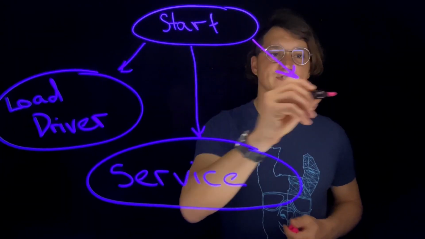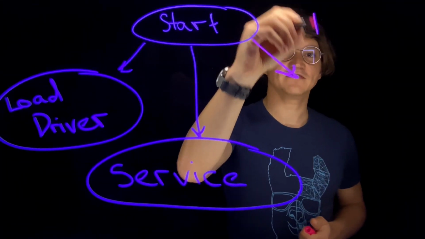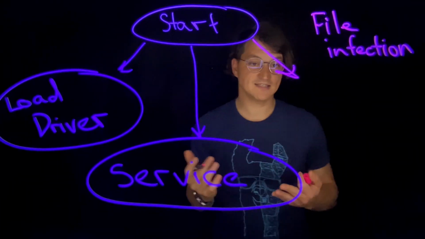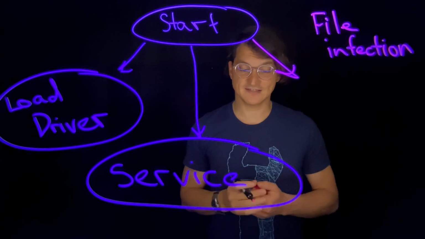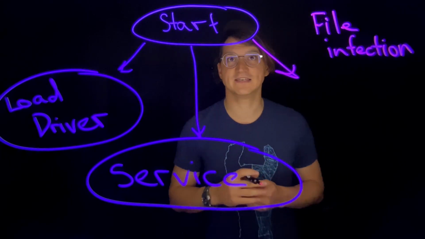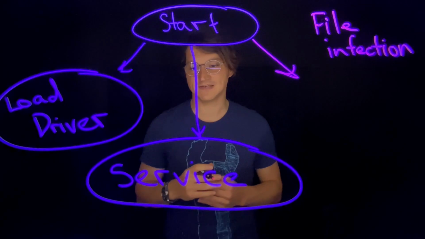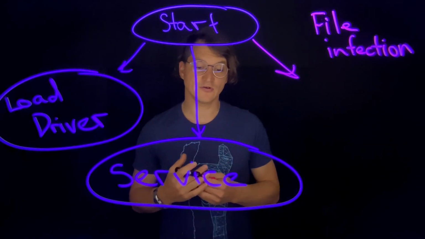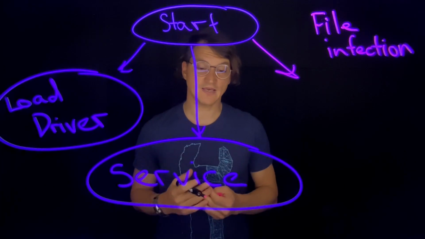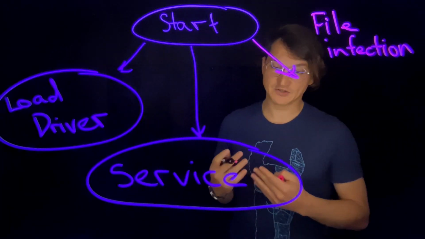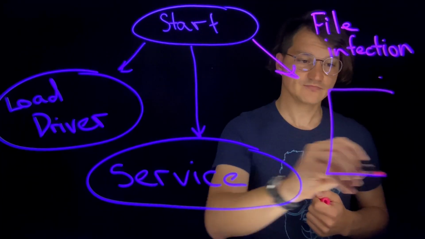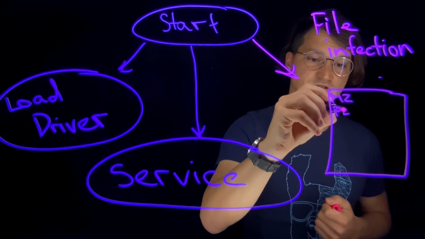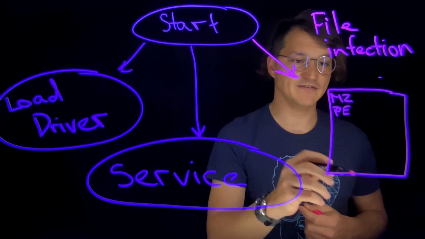And the third, most interesting option is actually file infection. Yes, it's exactly like viruses. The interesting thing is that in 32-bit Windows operating systems, they would not require a kernel driver to be signed. And the only thing Windows would actually check is if that's our MZ PE file as usual, right? And that's a legitimate driver.